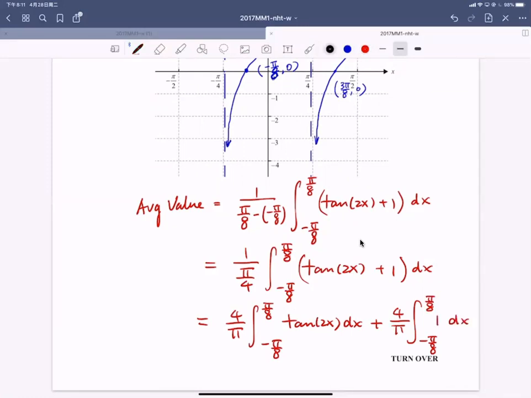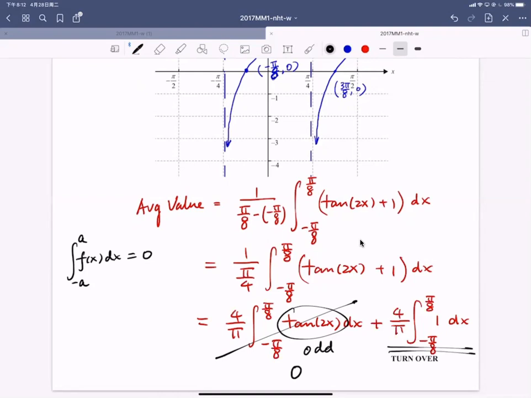You should notice this one is an odd function. For any odd function f of x, the integral from negative a to a equals 0. So this term will directly cancel out. And finally, you will need to evaluate this term, which is not very hard at all.